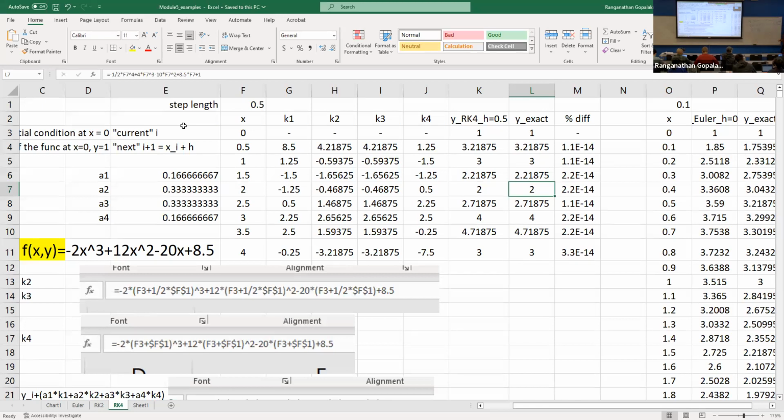So you need two initial conditions. You need to know the position at time 0. You also need to know the velocity or speed at time 0. These are part of your initial conditions.